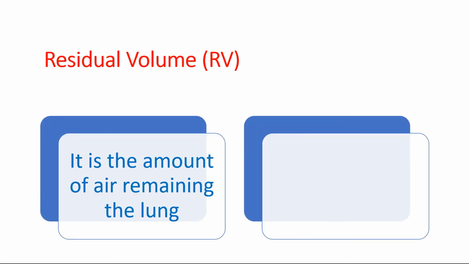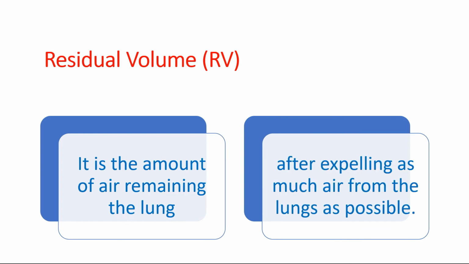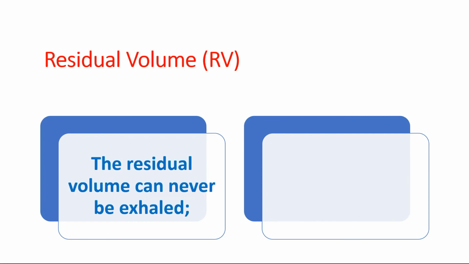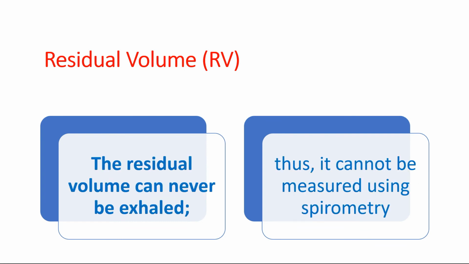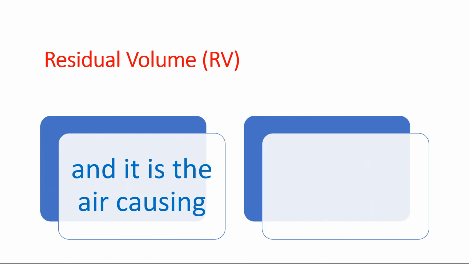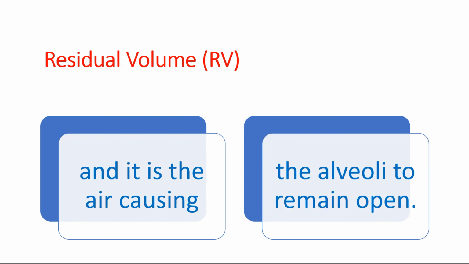The residual volume is the amount of air remaining in the lung after expelling as much air from the lungs as possible. The residual volume can never be exhaled, and thus it cannot be measured using spirometry, and it is the air causing the alveoli to remain open.